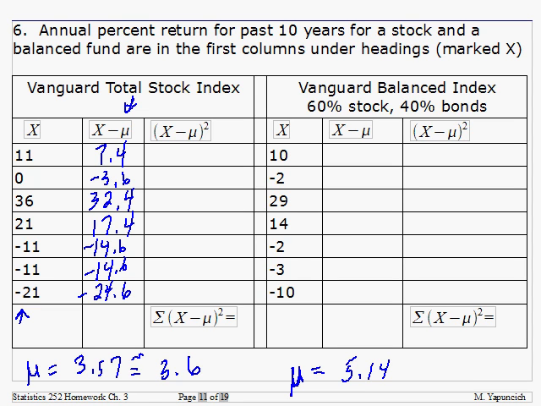So the next thing you do, you're now calculating your variance, is to take those numbers, x minus mu, and square them.